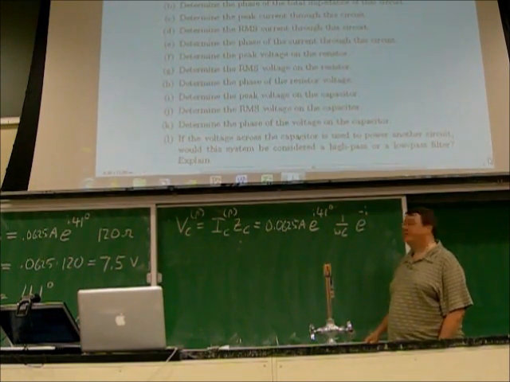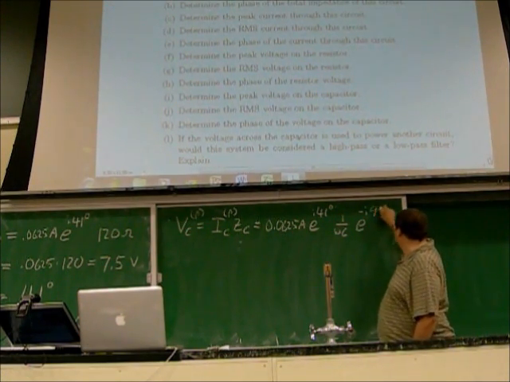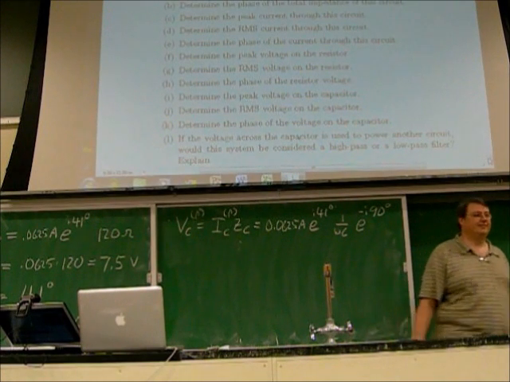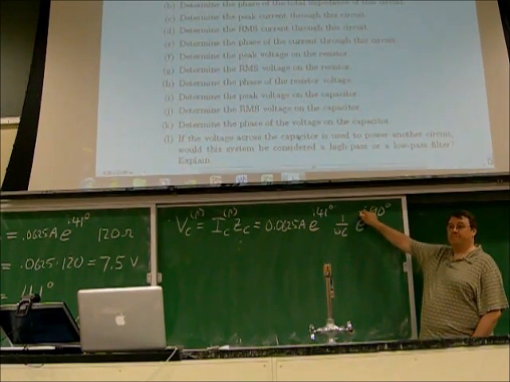Minus pi over 2, but we're in the Euler format, so minus 90. What happens to the negative in front of the 1 over omega C? It's the magnitude? Magnitudes are always positive. And the negative is found right there.